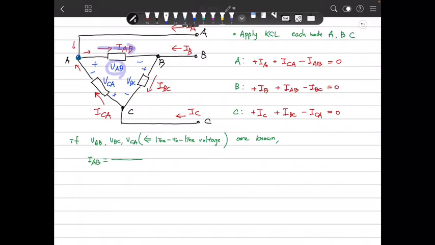So we define the impedances as Z_AB, Z_CA, and Z_BC. Then I_AB is V_AB over Z_AB, I_BC is V_BC divided by Z_BC, and I_CA is V_CA divided by Z_CA.